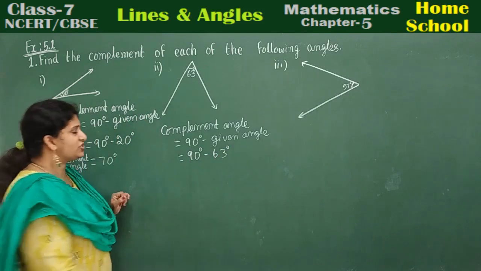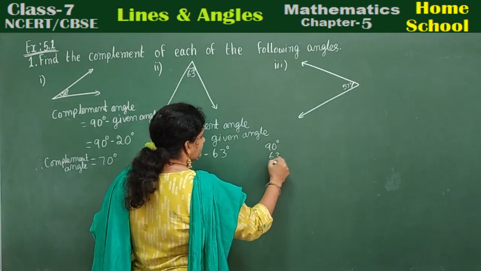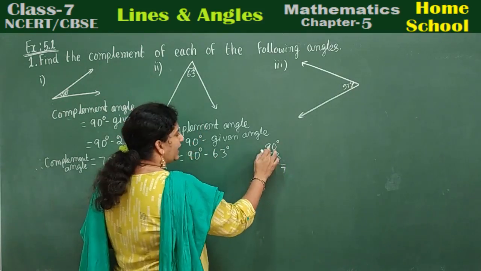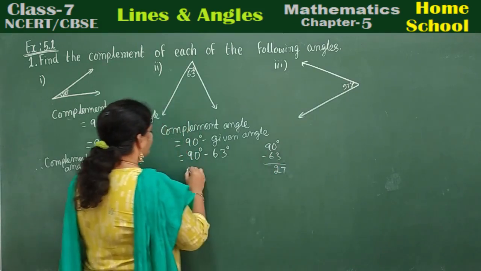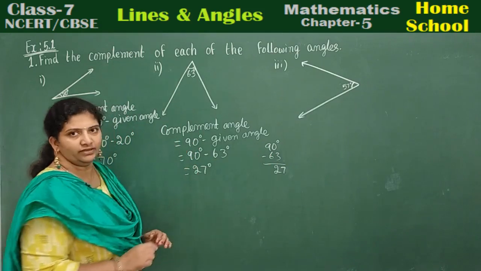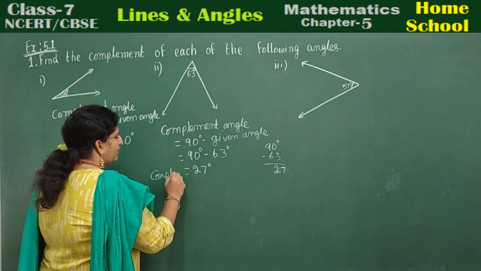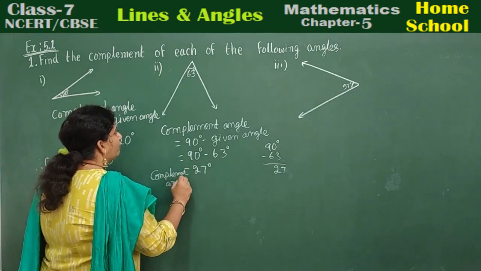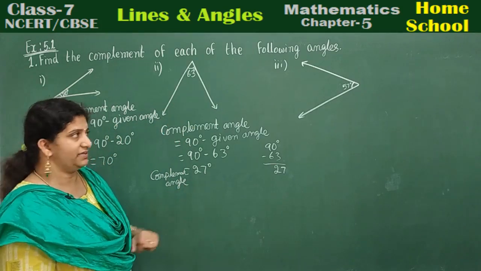Subtract now, how much it will be? 90 minus 63. 10 minus 3, 7. 10, 1 already taken here, so 8 minus 6 will be 2. Therefore, the complement angle is equal to 27 degree. Complement angle for 63 degrees is 27 degree.